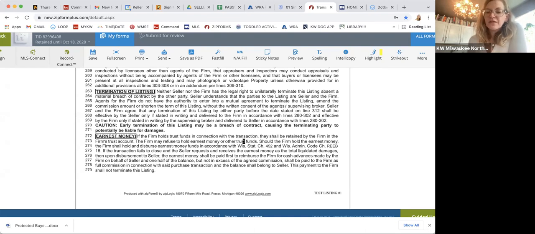And if you're going to have questions on this, you'll come to us, of course. But all this basically means is that one party does have a way to terminate a listing unilaterally, but it does not mean that they will not be held for damages. So hopefully that makes sense.